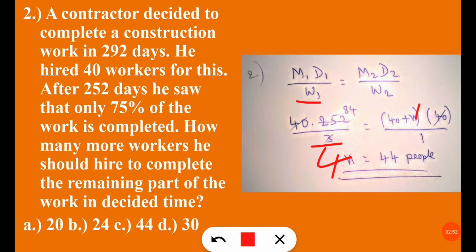That x we need to find out, into d2. The days remaining are 40 days, 292 minus 252 equal to 40. How much of the work is remaining? 1 by 4 of the work is remaining. So that's why 1 by 4. 4 gets cancelled. After all the calculations, we get x equal to 44 people. That means 44 people are to be hired to complete the work within the stipulated time. Option C is the correct answer.